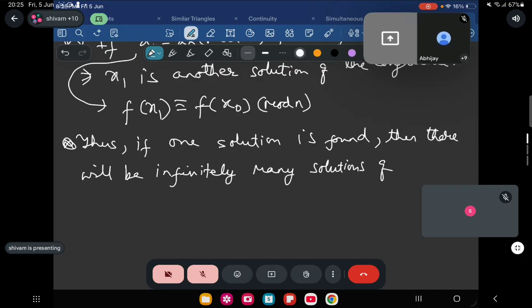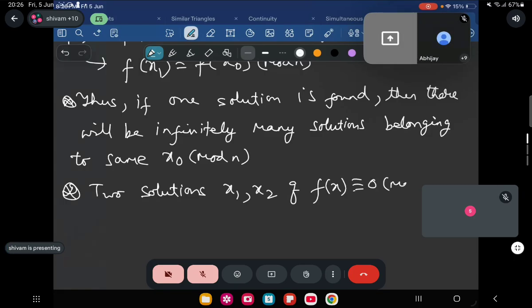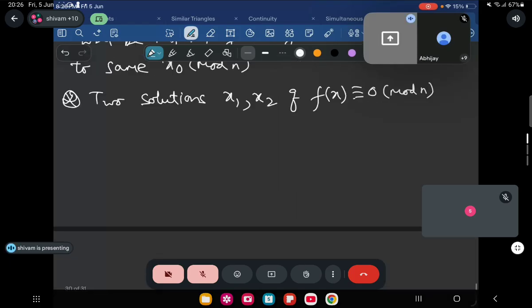Infinitely many solutions belonging to the same class as x0 mod n.